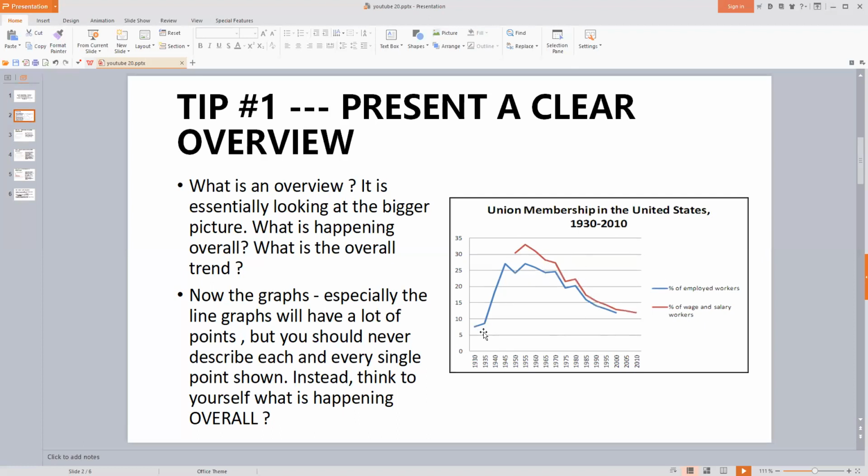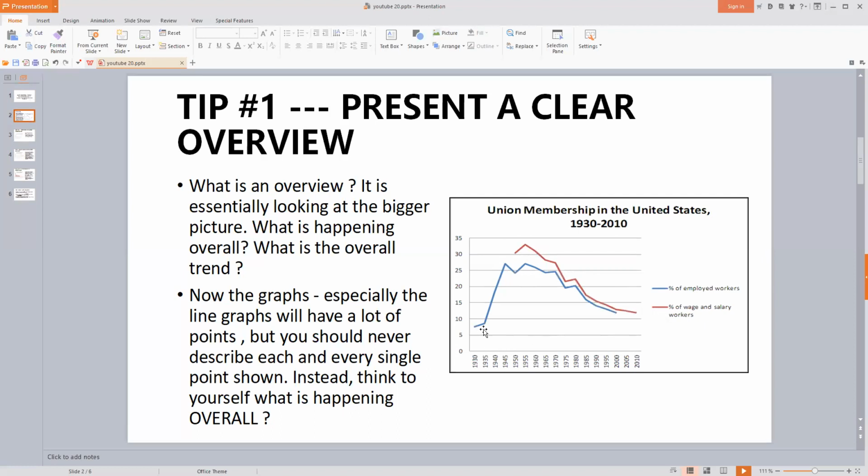For example, if I tell you about this graph, you can see if you look at the red line, okay, which is the percentage of the wage and salary workers, you can see that it started around 30 approximately, okay? And by the end of the period, it finished around 10 or 12, approximately. So you can see that overall, it was a decrease over the given period, okay?